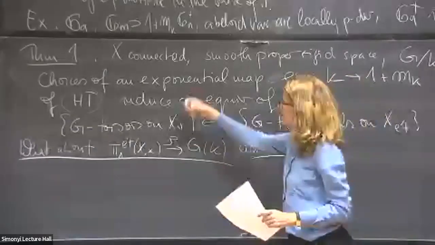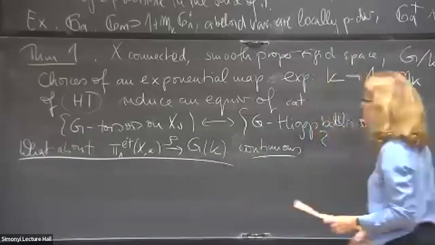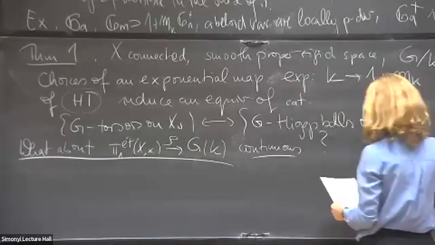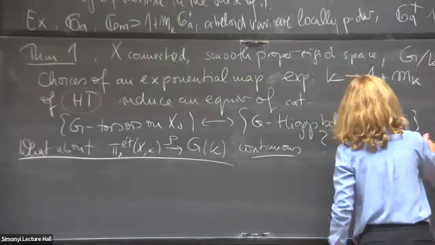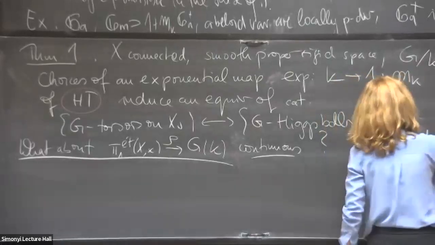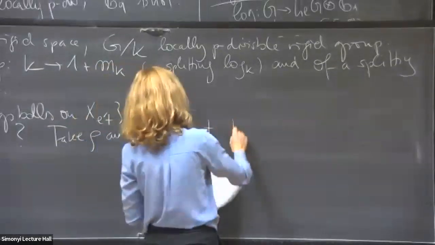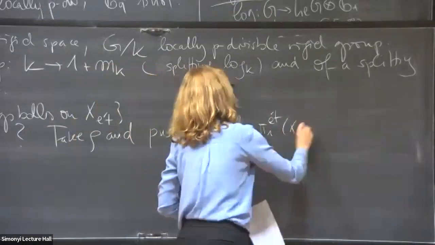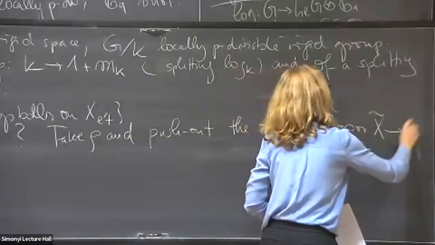There's a very easy way of going from such a representation to a G-torsor. You could just take rho and push out the pro-finite étale torsor X tilde over X.